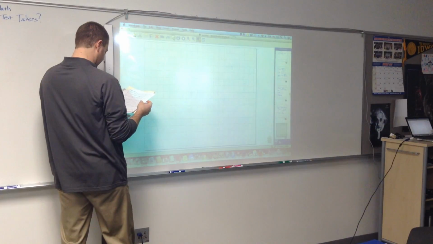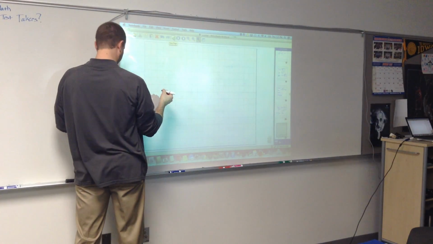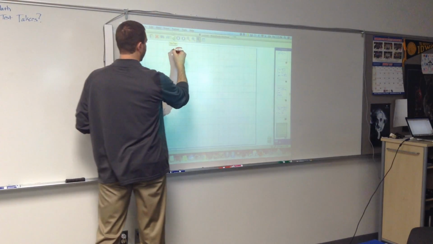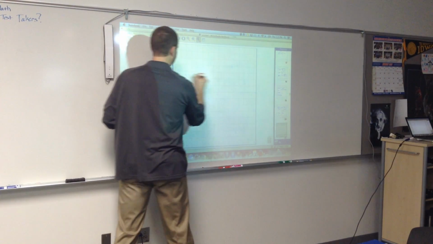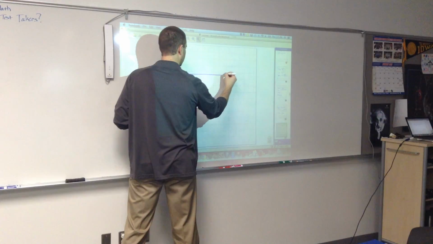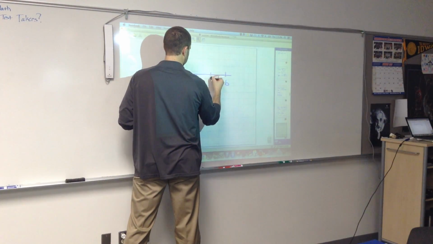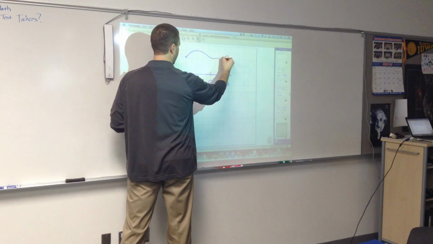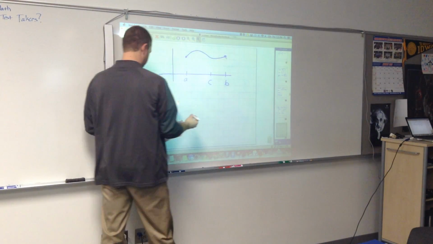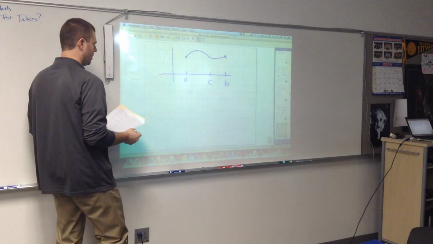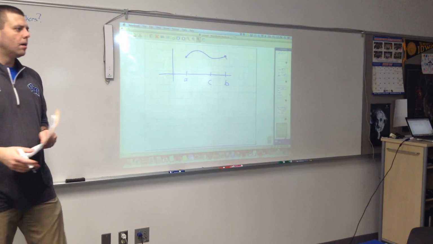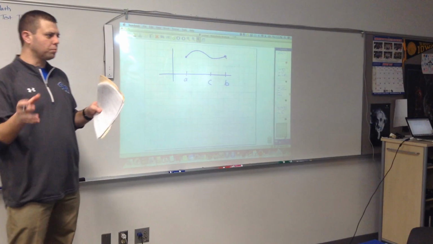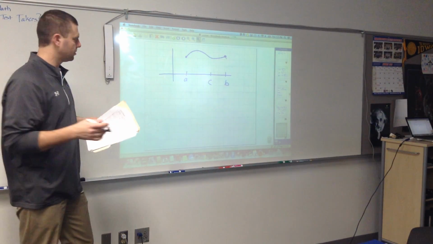Alright. Next one. Kind of takes this picture into account here. Definite integrals can be split up into smaller chunks.